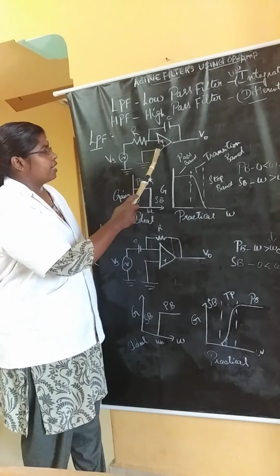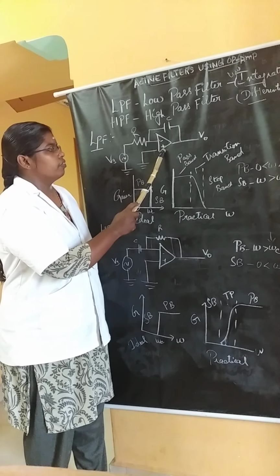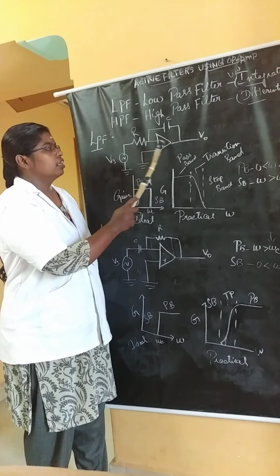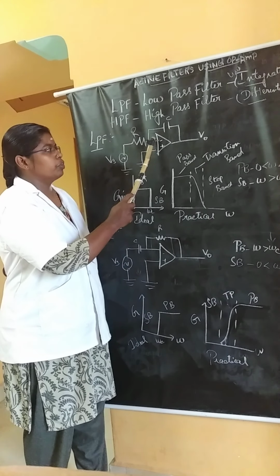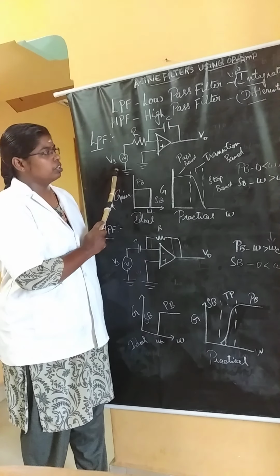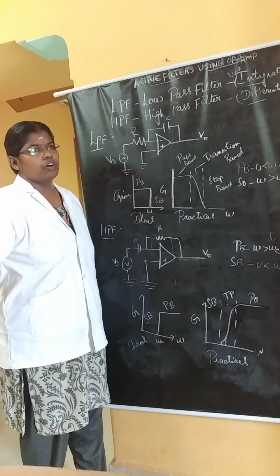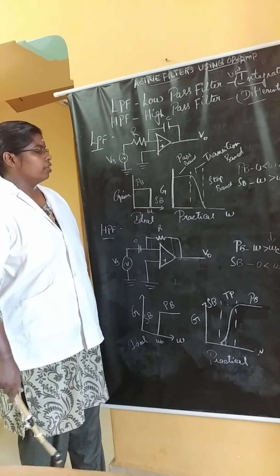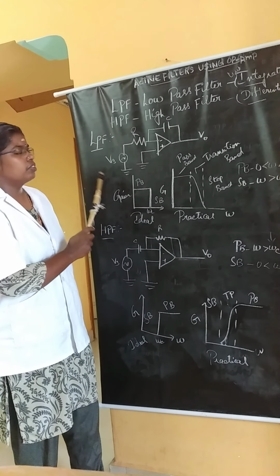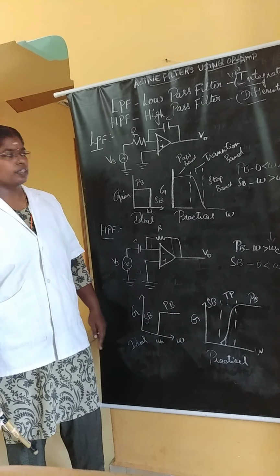Op-amp minus is known as the inverting input, plus is known as the non-inverting input, and output is taken here. A feedback capacitor is given, and this is the input resistor and input voltage source Vs. These two are grounded. This passes only the low range of frequencies. This is known as a low pass filter.